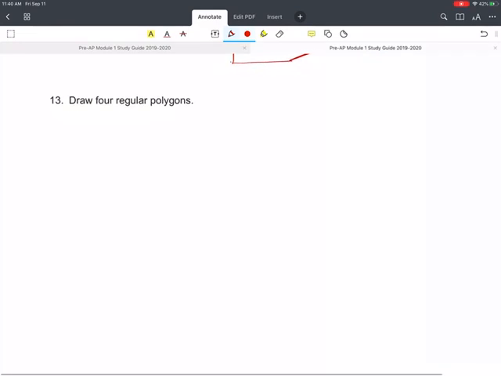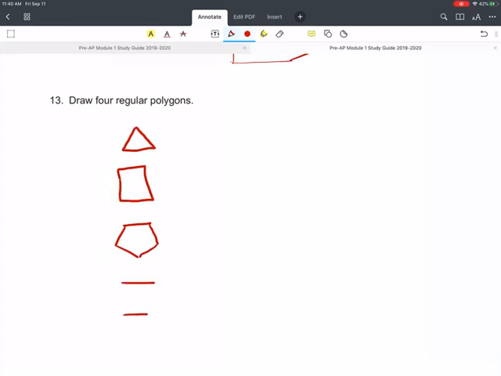All right, on 13, it says draw 4 regular polygons. Guys, you have notes on this. I gave you a list of all these regular polygons. You could just start drawing them. They don't have to be perfect, because I know I am not a perfect drawer. Oh, that one's already really bad. Now, from drawings, obviously you can tell these are not all the same side lengths.